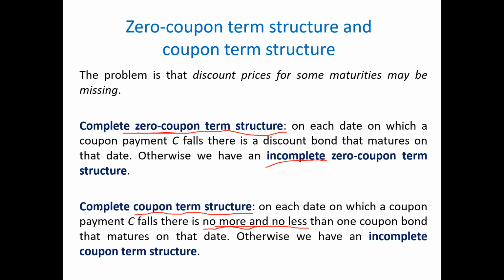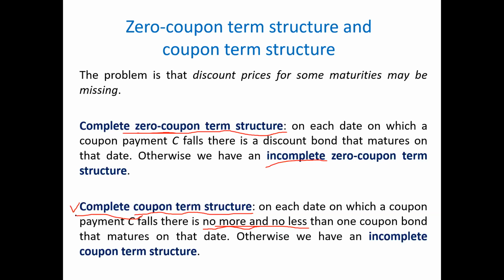Why is this not a big problem? Because if we have a complete coupon term structure, then you can reconstruct or fill in these gaps in the incomplete zero coupon term structure based on the information from the complete coupon term structure.